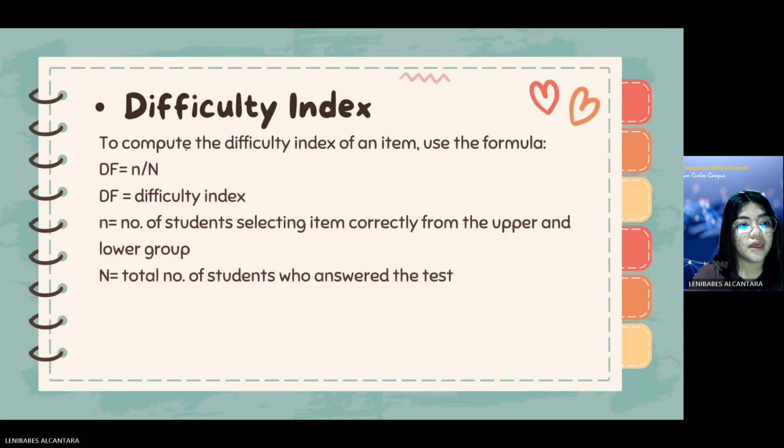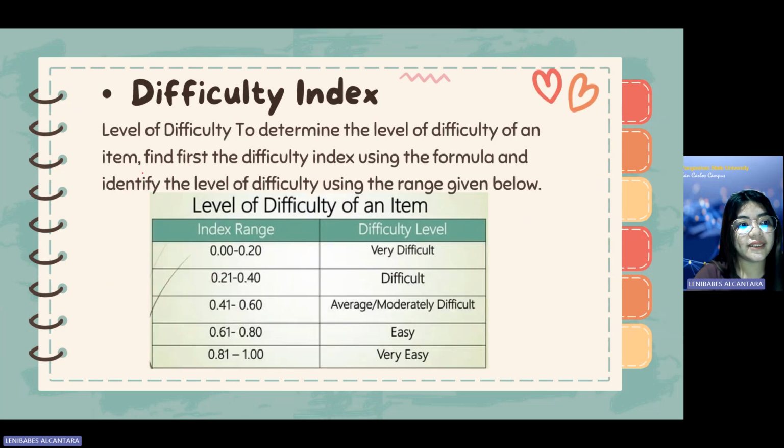Now, okay, of course, we finished that. Level of difficulty. So here is the table which shows the level of difficulty of an item. So to determine the level of difficulty of an item, find first the difficulty index using the formula and identify the level of difficulty using the range given below.